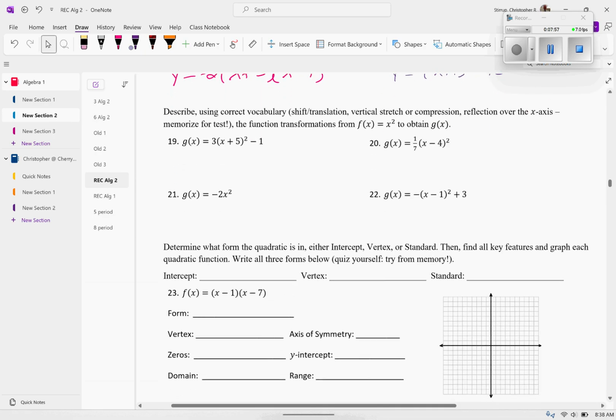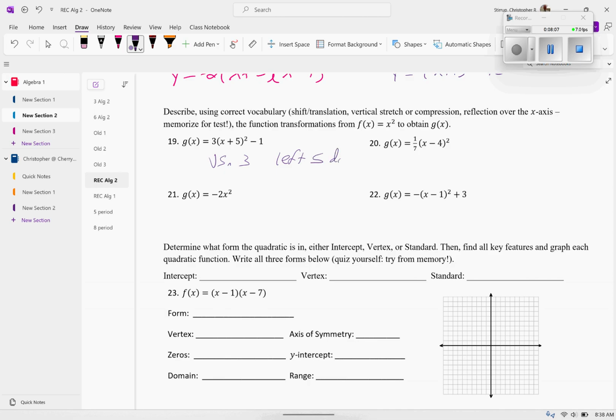Okay, this one says describe using the vocabulary shift, stretch, and so on. So this has a vertical stretch of 3. It goes left 5, down 1. This has a vertical compression of 1/7, and it's going to go right 4.